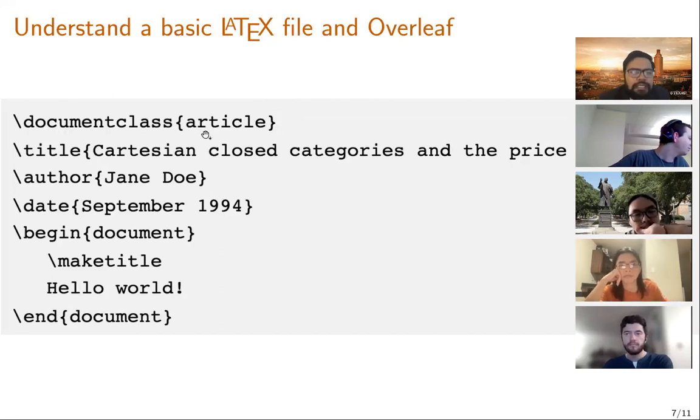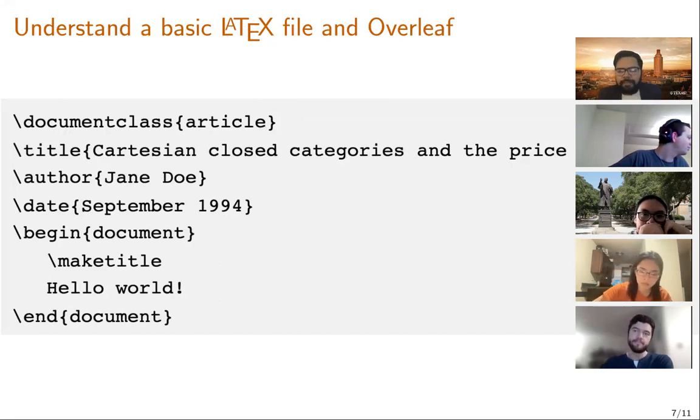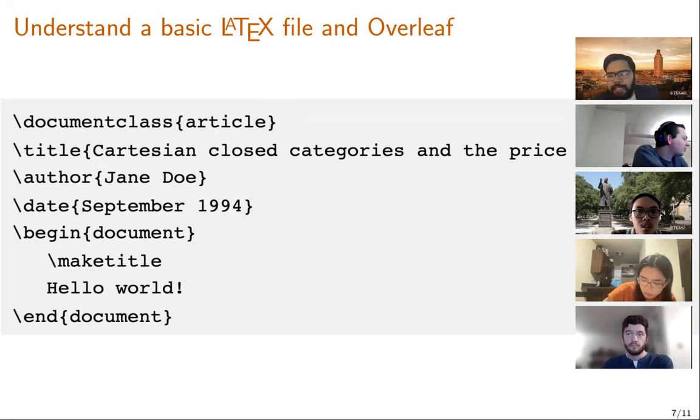Document class tells you what kind of document it's going to be. It can be an article, or it can be a presentation, for which you have to use Beamer. It just defines how your document should look. And fun fact, if you write a paper for Nature, you just change the document class from, say, IEEE to Nature, and everything in the article is arranged by itself.